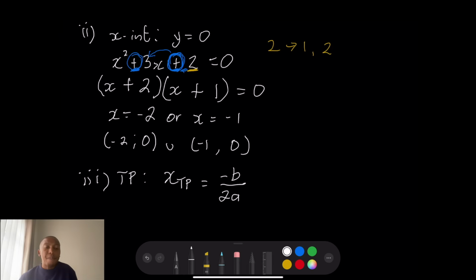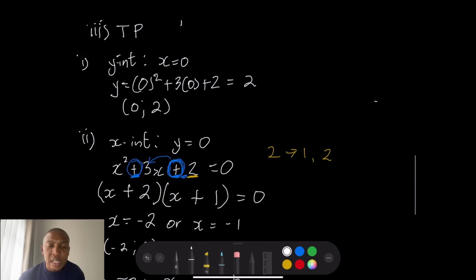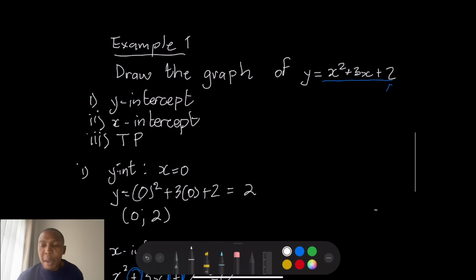Now remember, which one is b in our equation? The coefficient of the middle term, that's b, and the coefficient of the x squared term, that's a. So my a is equal to 1, my b is equal to 3, and my c value is 2.